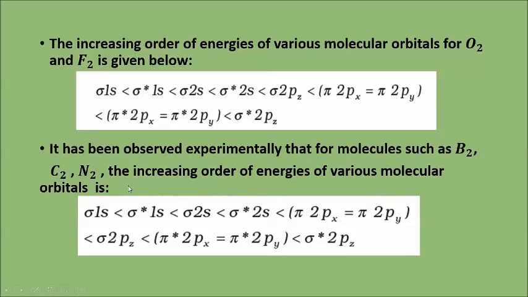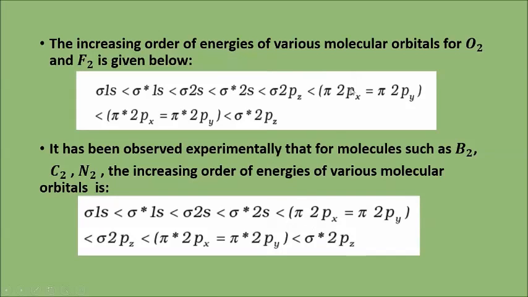It has been experimentally proved that for molecules such as boron, carbon and nitrogen, the order has a slight change. That is, sigma 1s less than sigma star 1s less than sigma 2s less than sigma star 2s, then less than pi 2px equal to pi 2py less than sigma 2pz less than pi star 2px equal to pi star 2py less than sigma star 2pz.